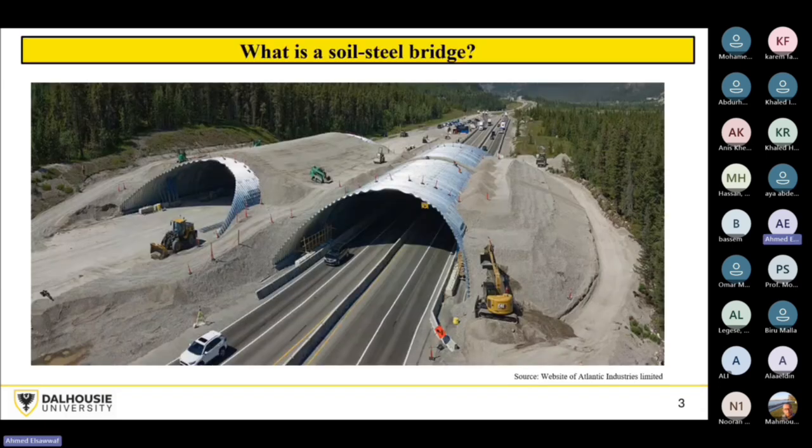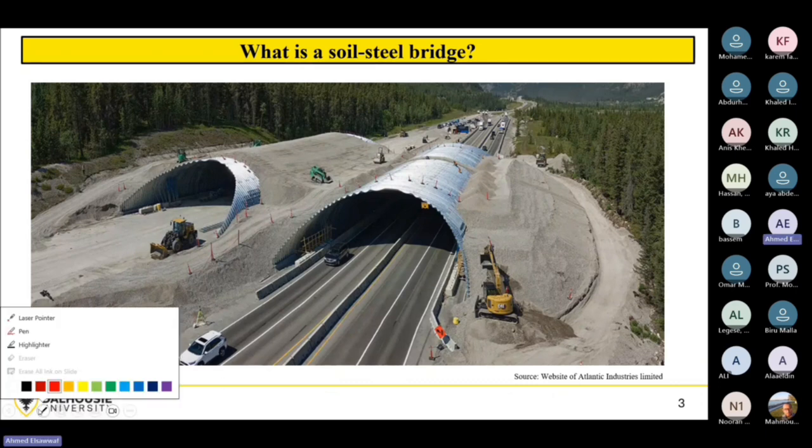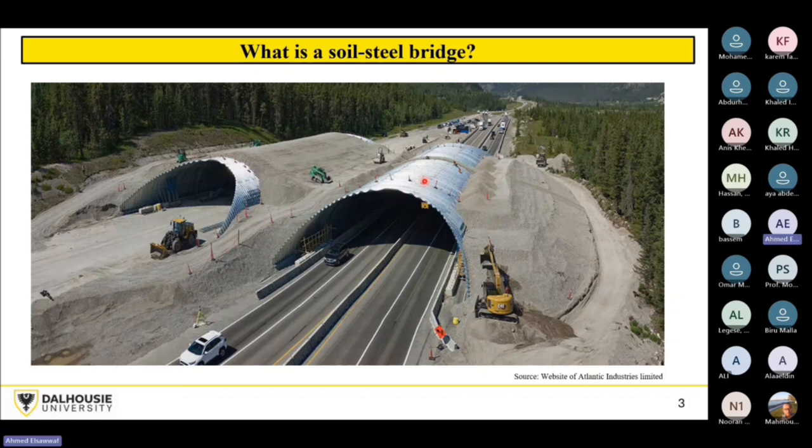Okay, so first of all, if you are still wondering what a soil steel bridge is, here it is. That's a picture of one of these structures here in Canada during the construction process. As you see here, you have a corrugated steel profile that can take many shapes, but here I'm talking about an arch shape.